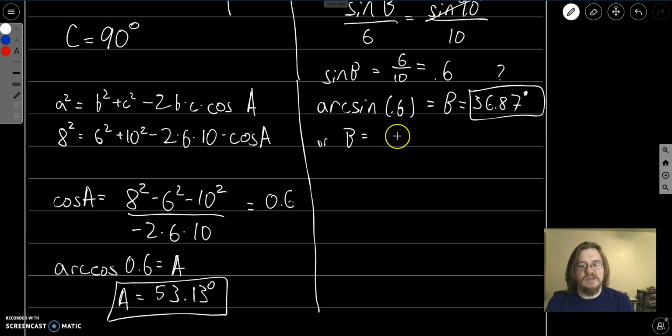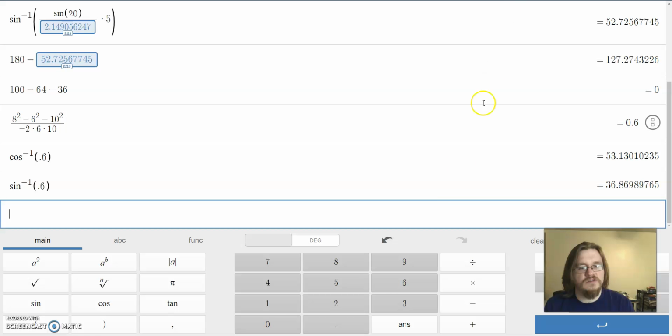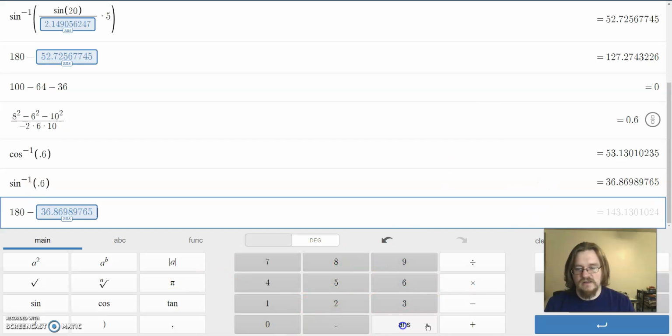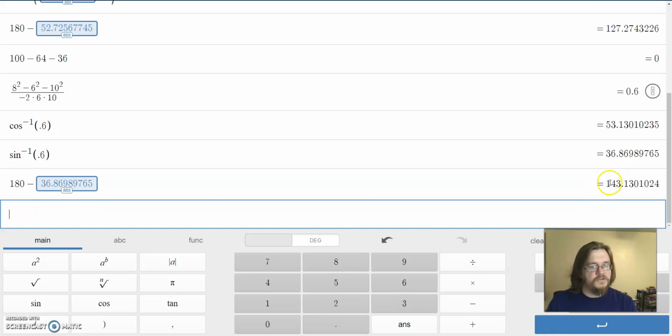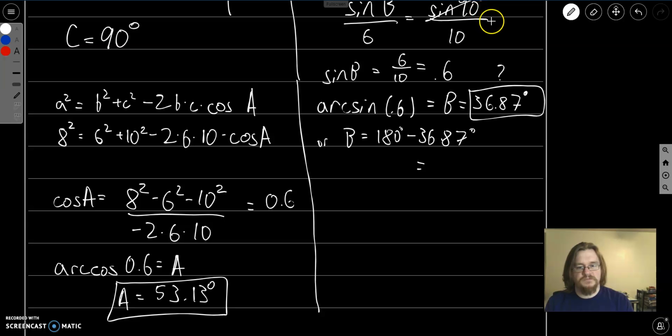Or is B equal to 180 degrees minus this guy, which is 180 degrees minus that guy, which is 143.13. So the question is, which one is it?